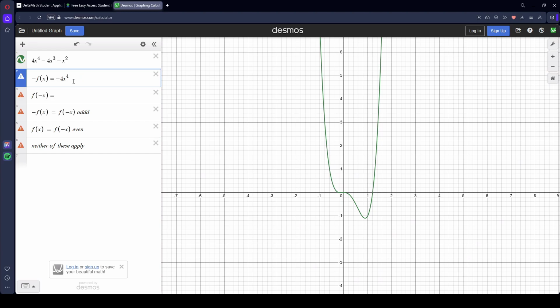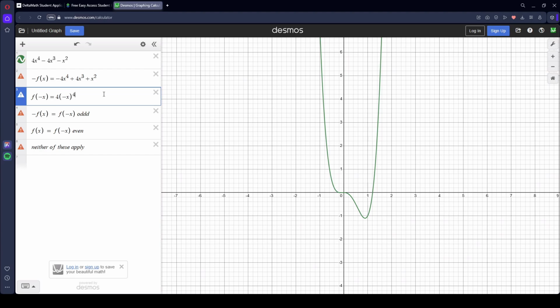Wait, plus 4x to the power 3 plus x squared into negative x. Okay, negative 4 negative x.